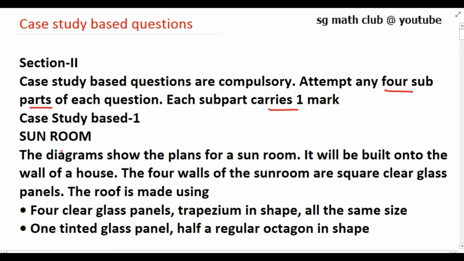So it is a sunroom. The diagrams show the plans for a sunroom. It will be built onto the wall of a house. The 4 walls of the sunroom are square, clear glass panels. The roof is made using 4 clear glass panels, trapezium in shape, all the same size, and 1 tinted glass panel, half a regular octagon in shape.